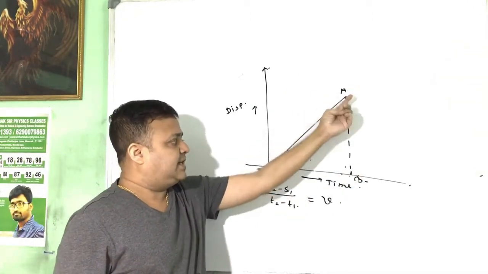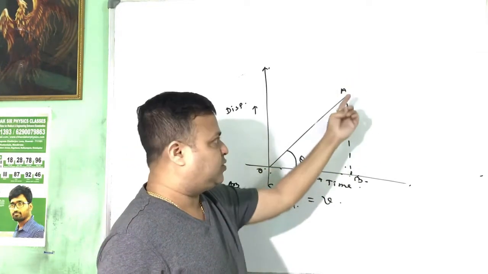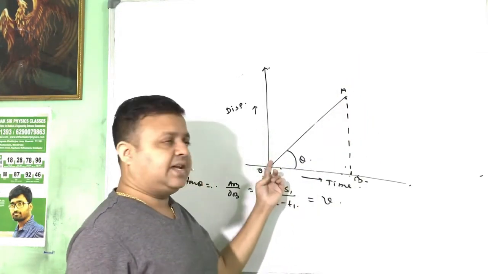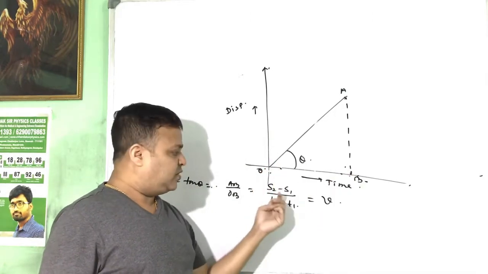AB is the change in displacement, that is say initially S1, finally S2, so S2 minus S1, but initial time is T1, it is 0, final time is T2, so T2 minus T1.